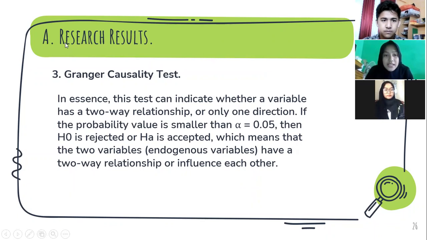3. Granger causality test. In essence, the test can indicate whether a model has a two-way relationship or only one direction. If the probability value is smaller than alpha equal to 0.05, H0 is rejected or Ha is accepted, which means that the two variables have a two-way relationship or influence each other.